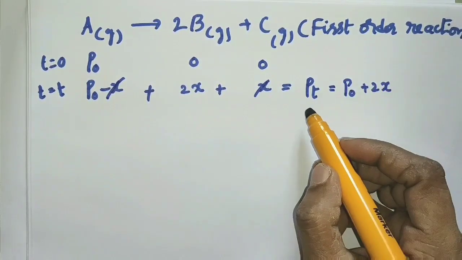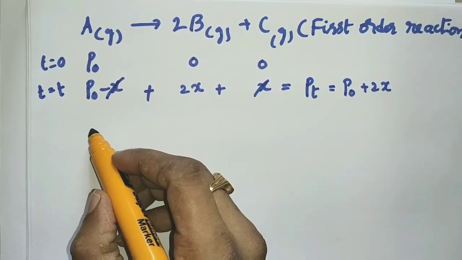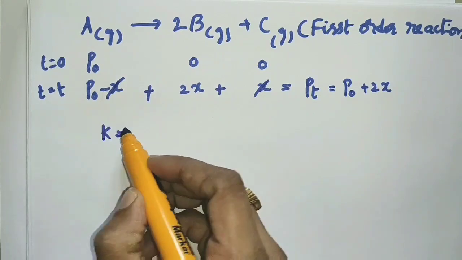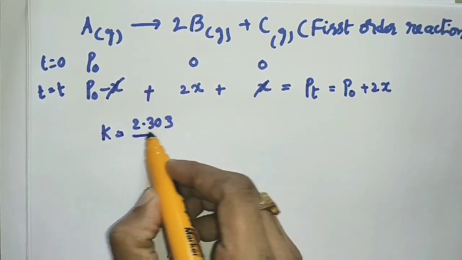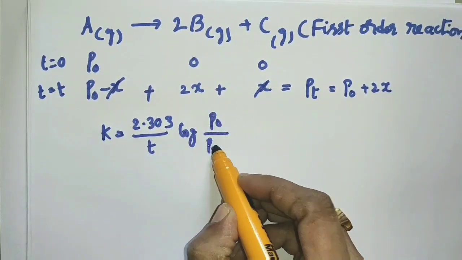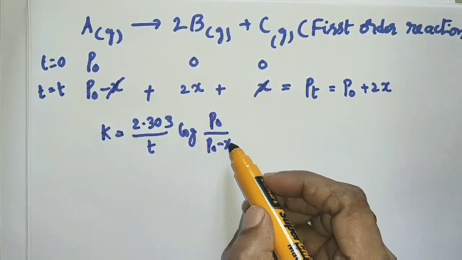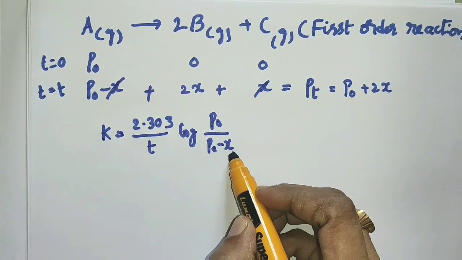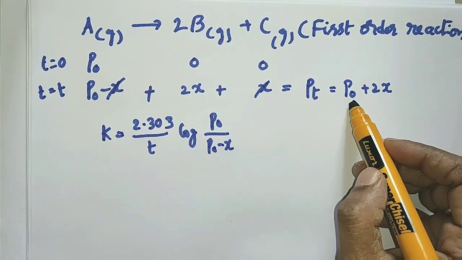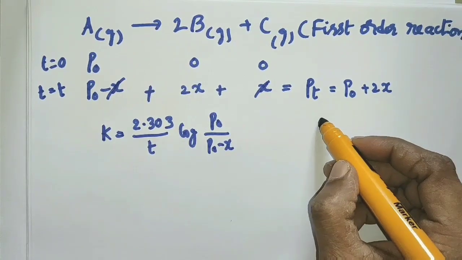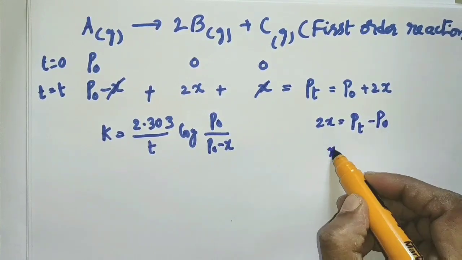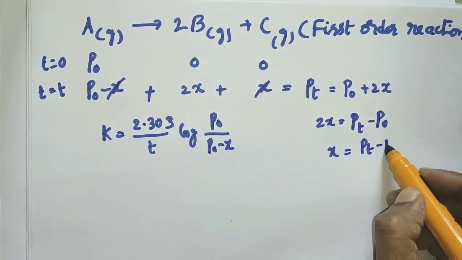But as per the integrated rate equation of first order reaction in terms of pressures, K equal to 2.303 by T into log P naught by P naught minus X. So we need to know what is this P naught minus X value. For that I am using this relation PT equal to P naught plus 2x. So 2x is equal to PT minus P naught, X equal to PT minus P naught by 2.